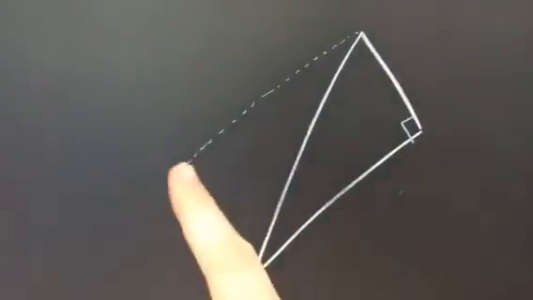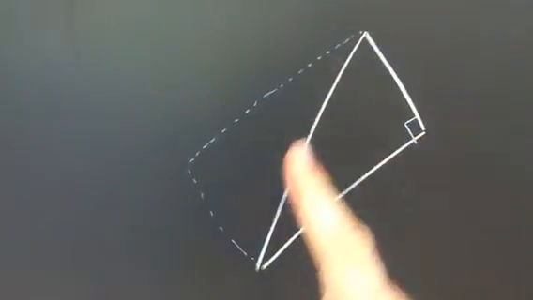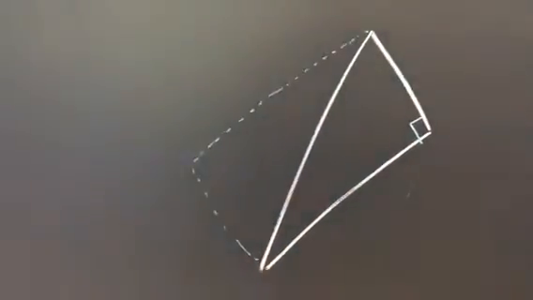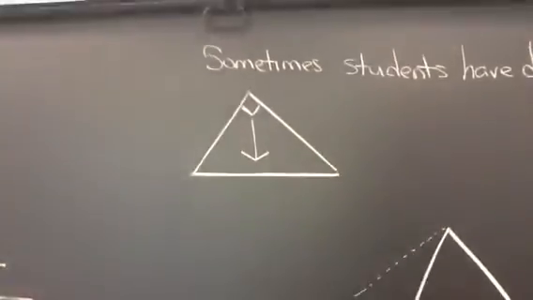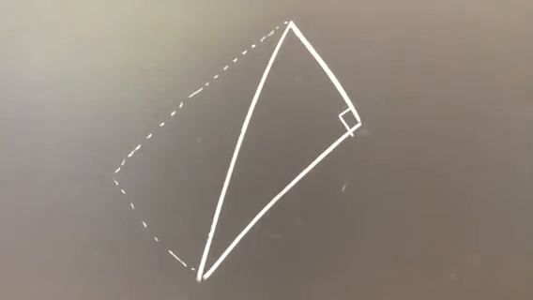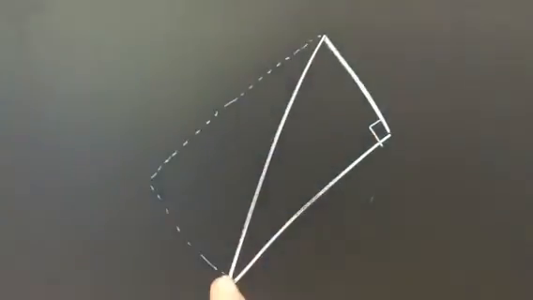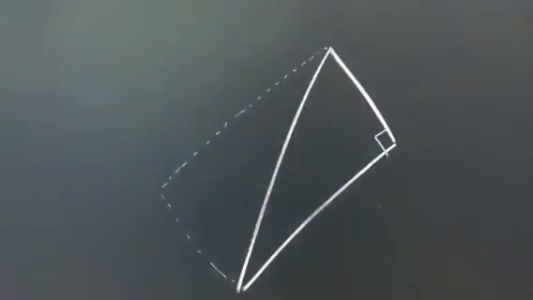The diagonal of that rectangle will be the hypotenuse. So maybe this way doesn't work for you. Then try and imagine making a rectangle out of the right triangle. And then the diagonal always goes from upper corner to lower corner. It could be going this way depending on how I draw the triangle, but this has to be the hypotenuse.